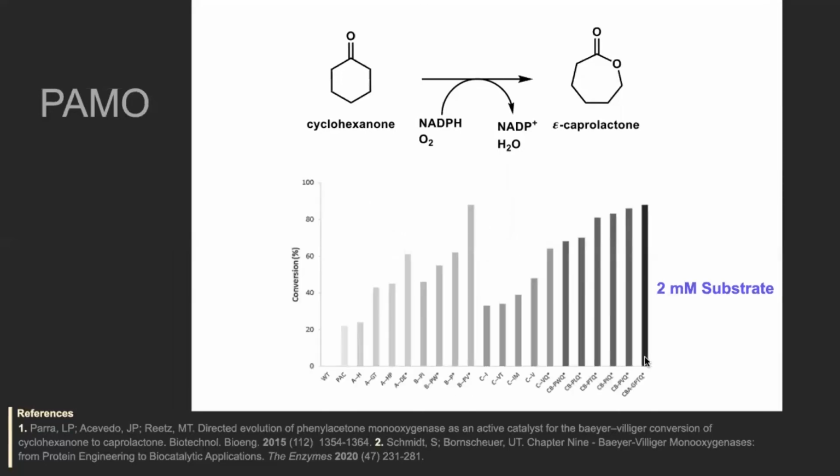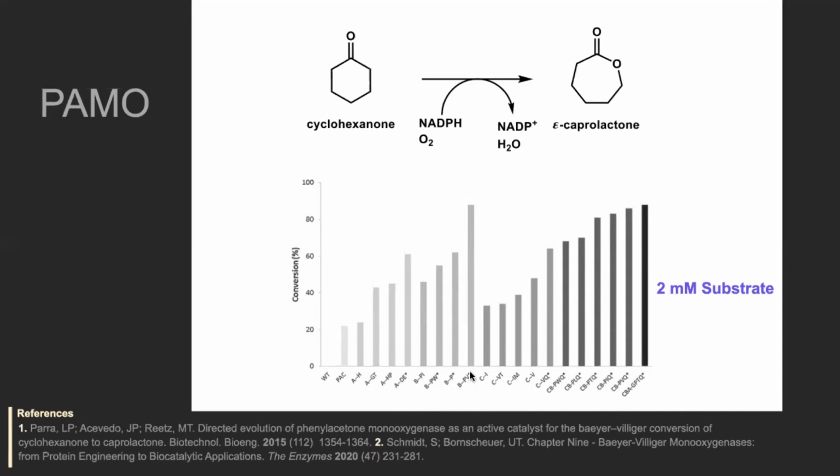And this graph represents one of the results. You can see that from no activity of the wild type PAMO, they went to some activity, 20% conversion with the triple mutant. And then during different rounds of directed evolution, they obtain, for example in this case, quite a good conversion of the substrate.